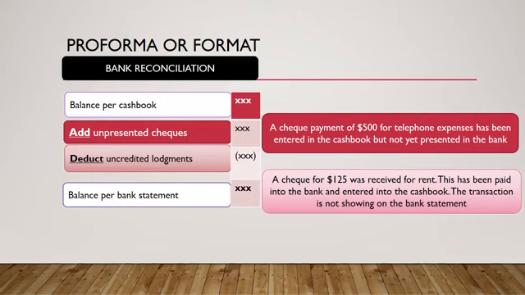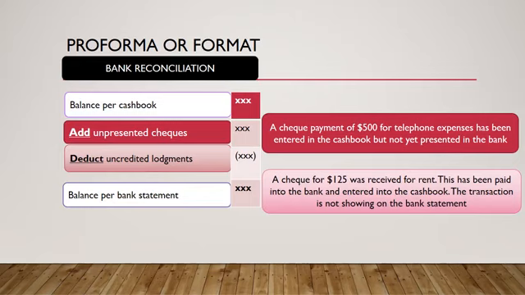So from the cash book, we actually had added, because remember, it's an uncredited lodgement in the bank, but in our cash book it means that we had actually added that amount to say we have received that amount. In the bank they are saying we did not receive such amount yet.